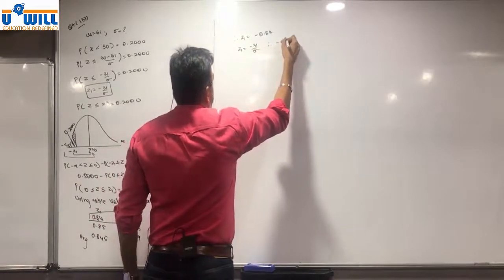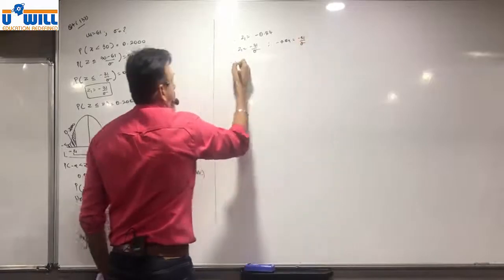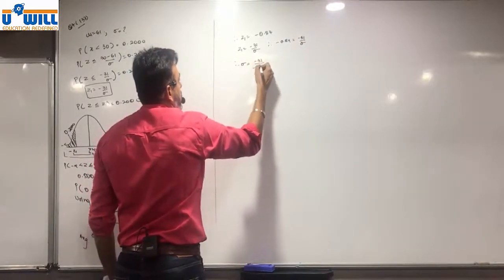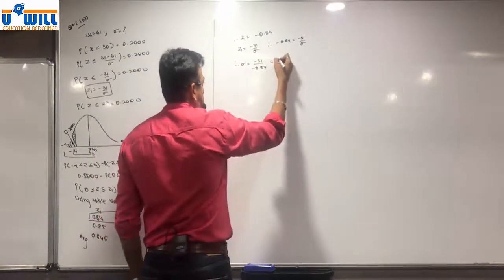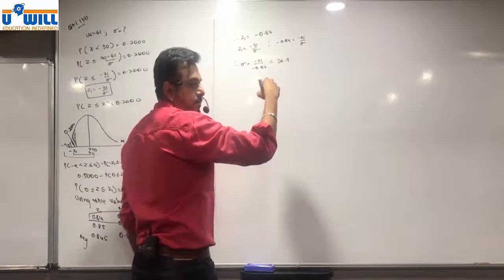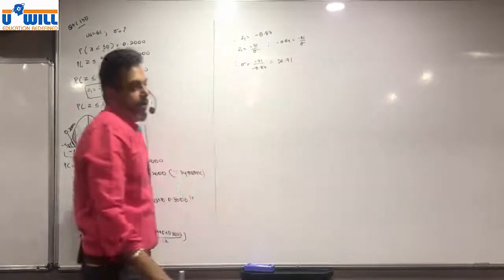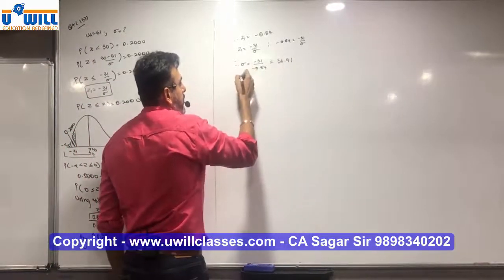Therefore, minus 0.84 is equal to minus 31 by sigma. Therefore, sigma is equal to minus 31 upon minus 0.84, which is equal to 36.91.